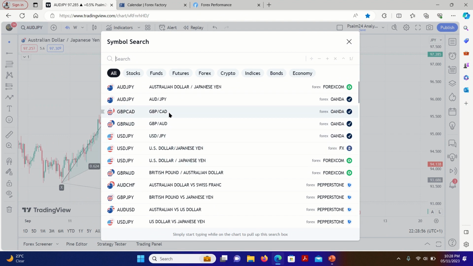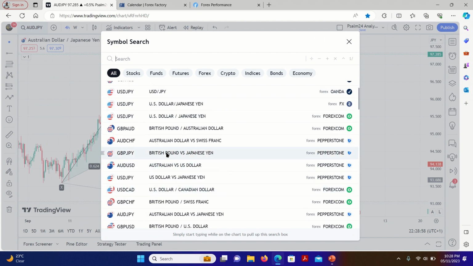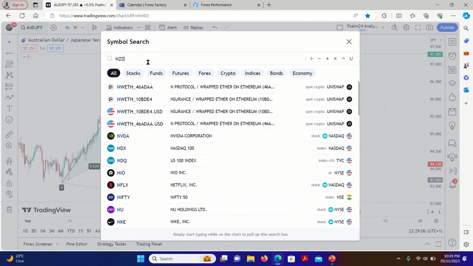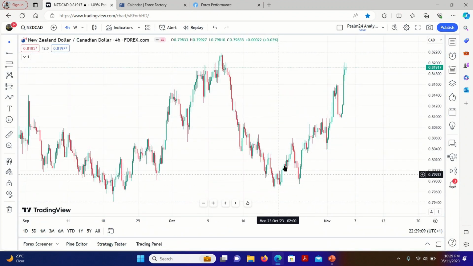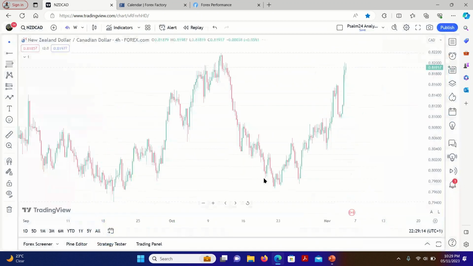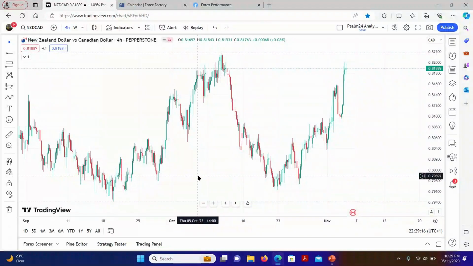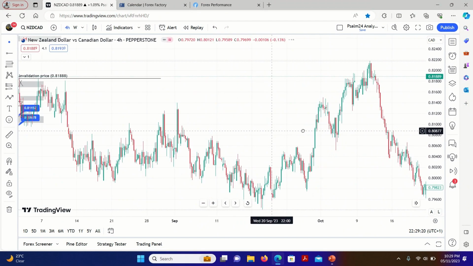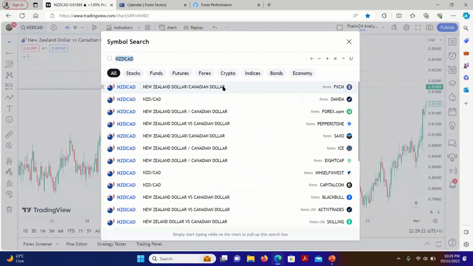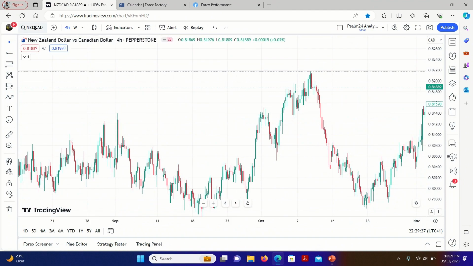I think we also got a trading opportunity on NZDCAD last week. I think I did the analysis for us, and it was a classic. I think that was a perfect trade.